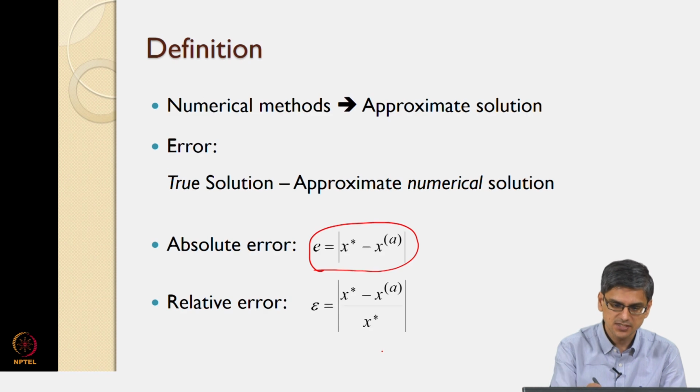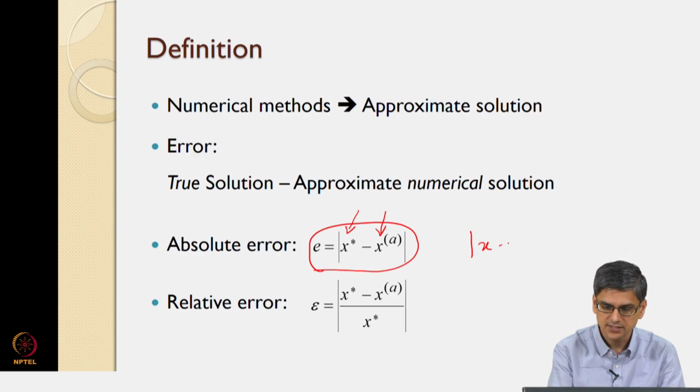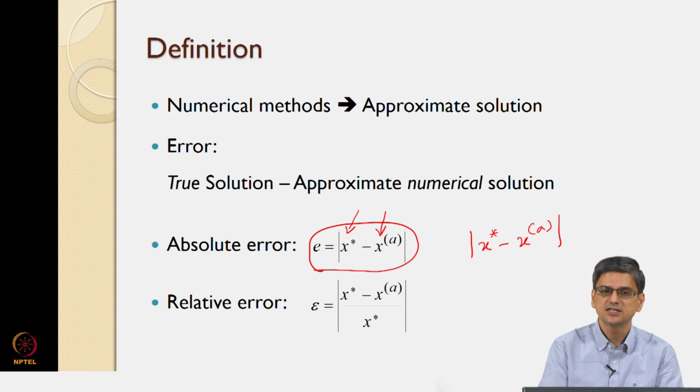What matters is how much the approximate value differs from the true value, so it is the absolute difference that matters. So we have absolute value of x star minus x a as the definition of the error. Keep in mind that there is this absolute sign over there.